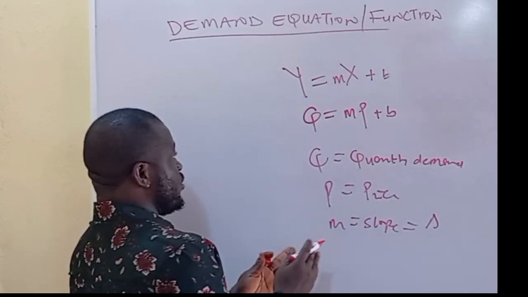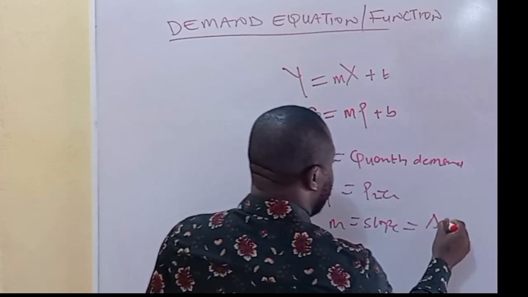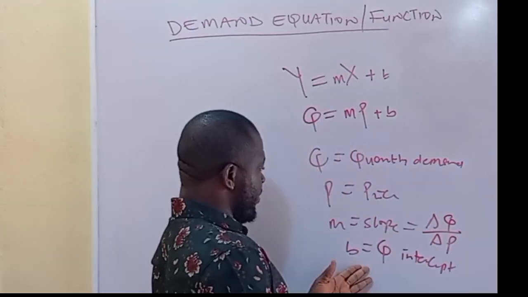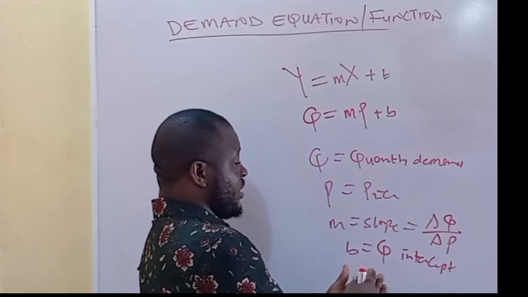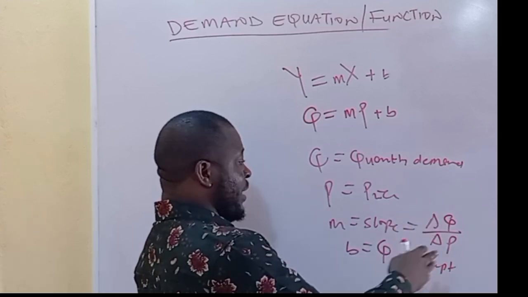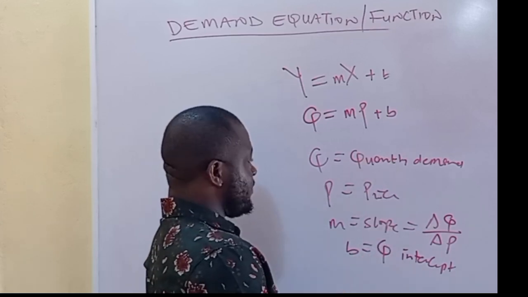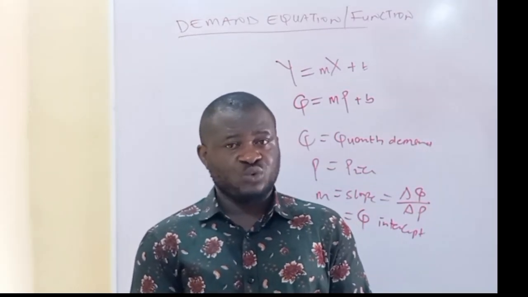This slope is the rate of change in Q as a result of change in P. Hence, slope represents change in Q over change in P. While B represents the Q-intercept, and it shows us the point on the graph where the demand function crosses the Q axis. Now, let us attempt a derivation of the demand equation.